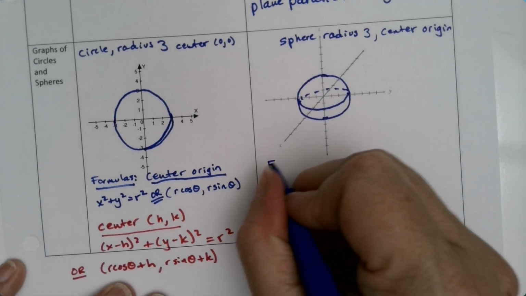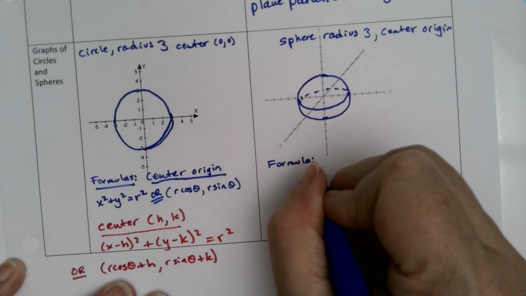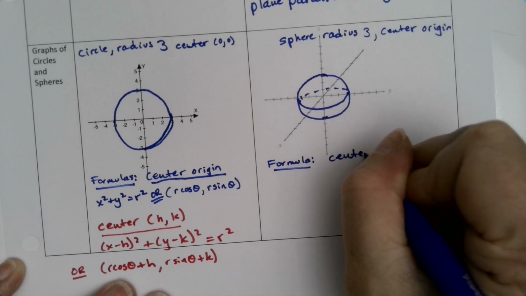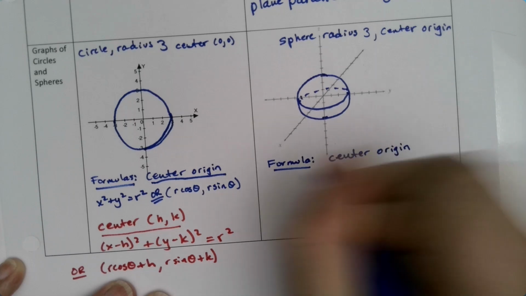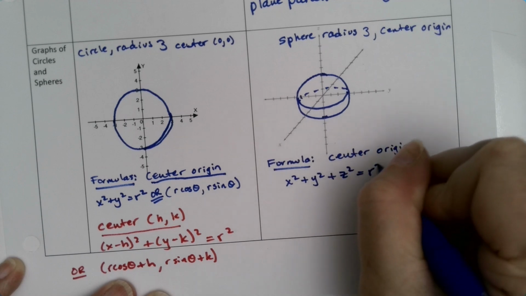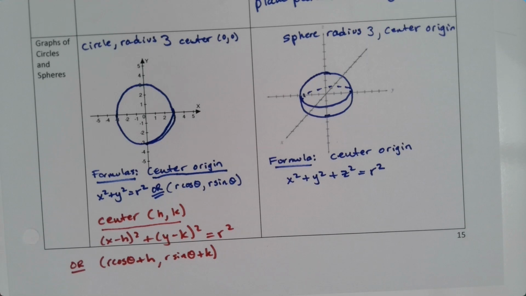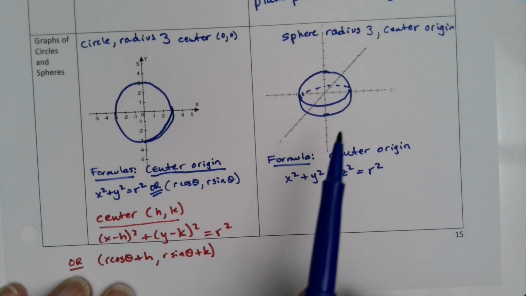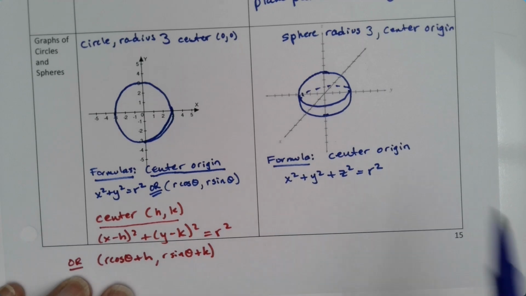Now the formula, when it's centered at the origin, is similarly easy. It's x squared plus y squared plus z squared equals r squared. There are polar equivalents to these, but we're not going to get to them until much later because they're trickier. There's two different coordinate systems we can define this as, the spherical or the cylindrical coordinate systems.